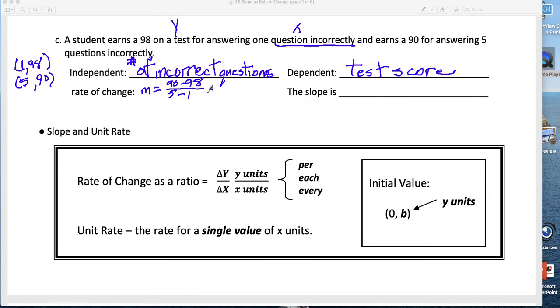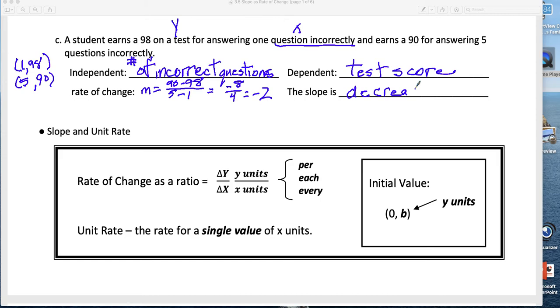And that is going to give me a negative 8 over 4. Okay, reducing that's going to give me a negative 2. Okay, that's definitely a negative slope. So the slope is decreasing. And why is it decreasing? Because every time I miss a question, my score goes down by 2 points.